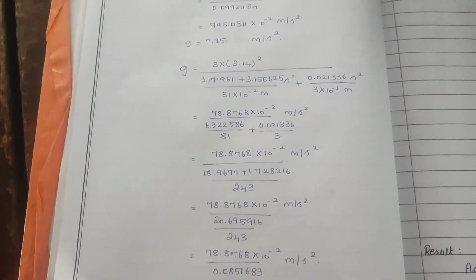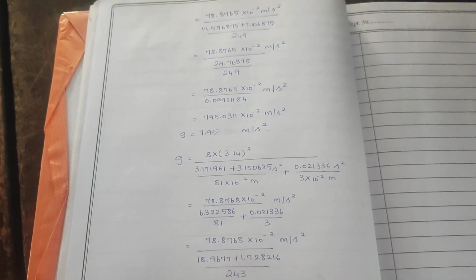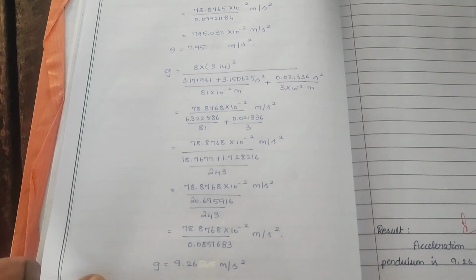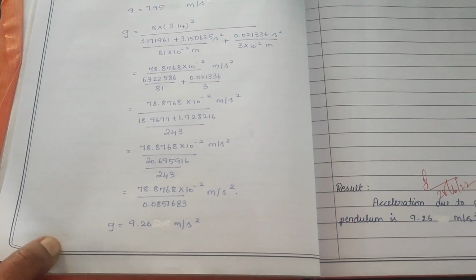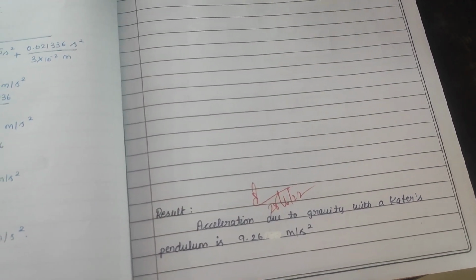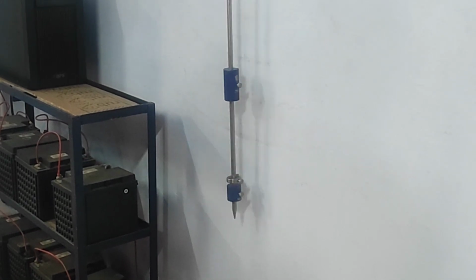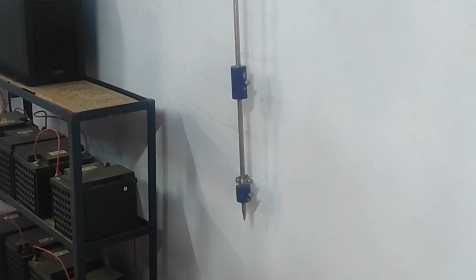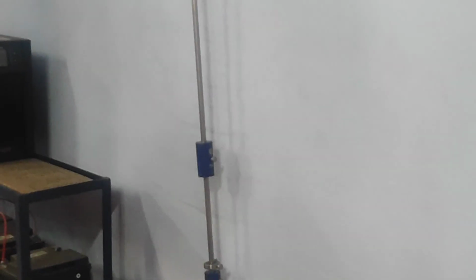But this experiment can be repeated for different numbers of oscillations: 15 oscillations, 20 oscillations, 25 oscillations. We take different height values, and also different time periods of oscillation. Just as we vary h1 and h2, we can take different time periods, for example for 15 oscillations how much time is taken, and for 20 oscillations how much time is taken.